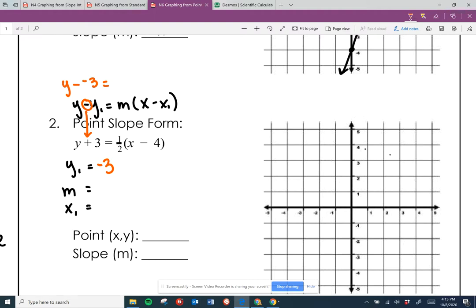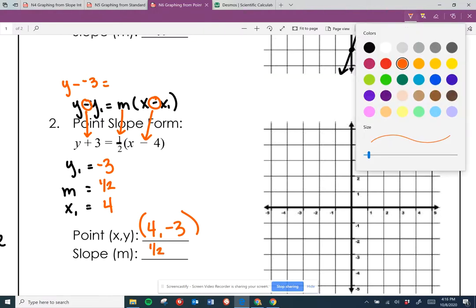So they would have said, okay, y minus negative 3 equals, and they just simplified those two to a plus, right? The slope is going to be 1/2, and the x1 is going to be positive 4, right? I had a negative, I still have a negative, so it's a positive 4. My point is x comma y, so 4 comma negative 3, and then my slope is going to be 1 over 2, right?